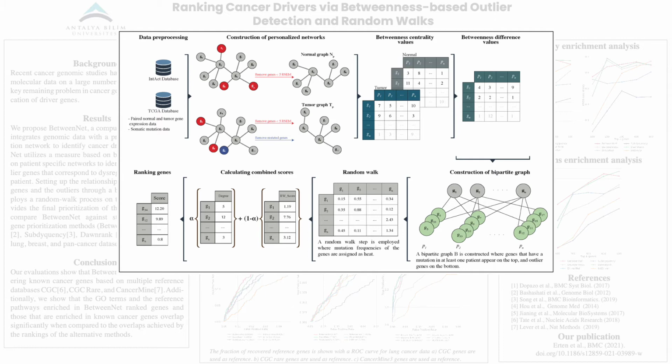The gene i with the largest score is selected as the next driver. Then we remove the corresponding node from the bipartite graph and its neighbors, and we recompute the scores again until we cover all the outlier genes.